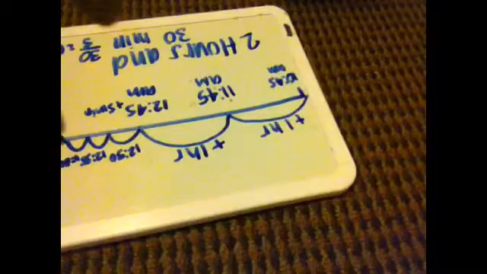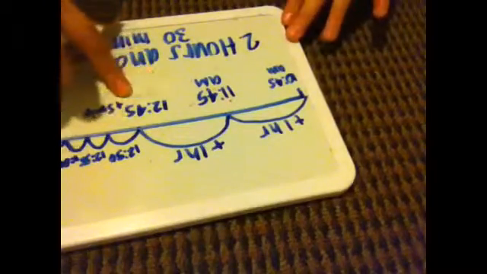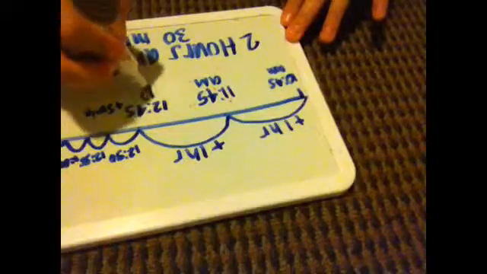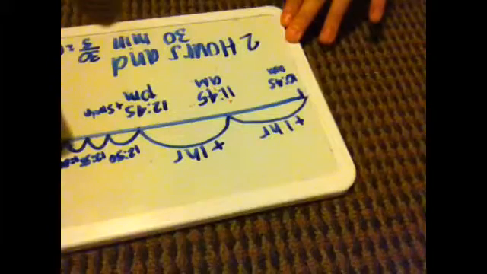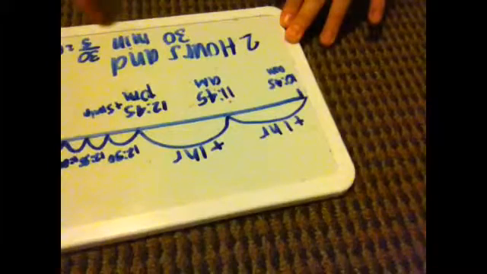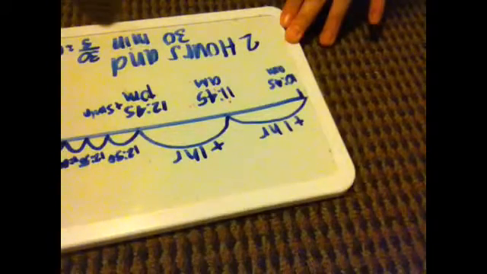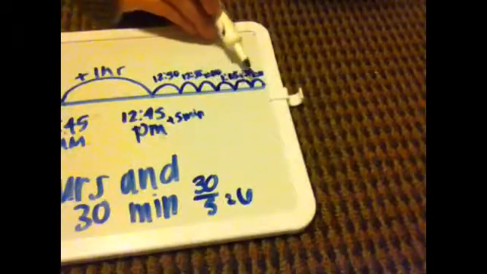And then we're going to jump another 5 minutes to 1:05, and then we're going to jump another 5 minutes to 1:10, and then another 5 minutes to 1:15. So here we have 1, 2, 3, 4, 5, 6.